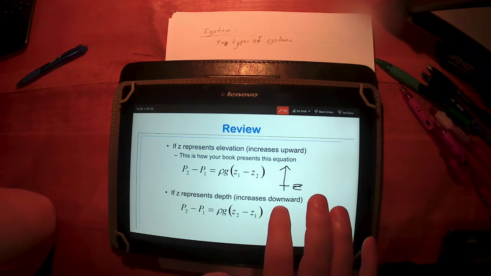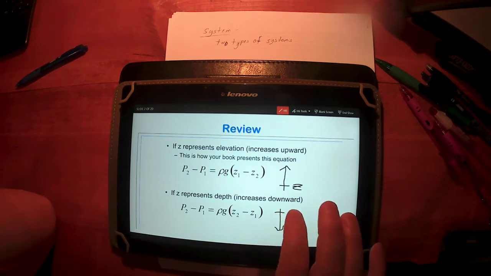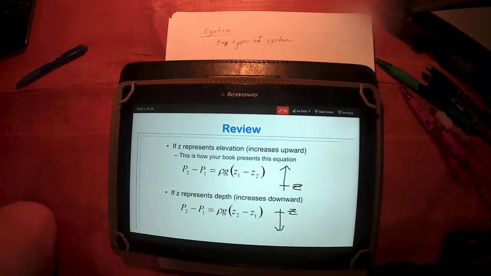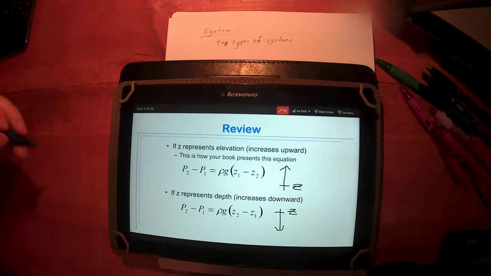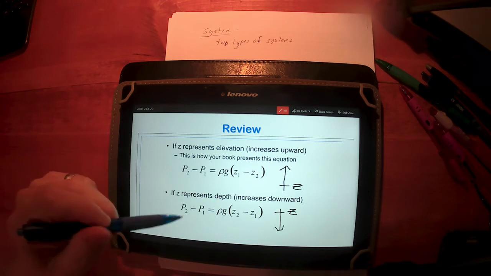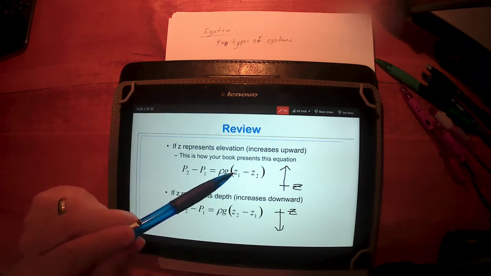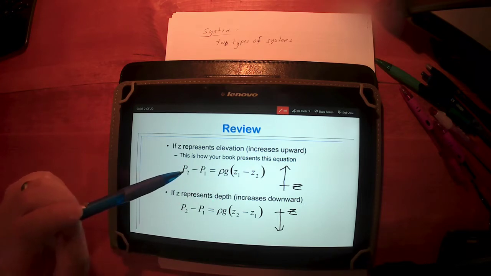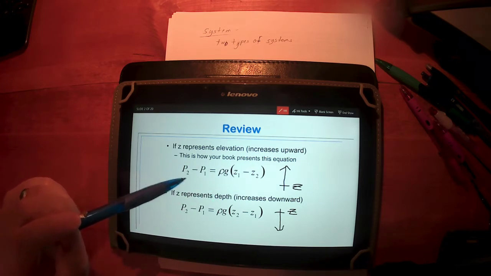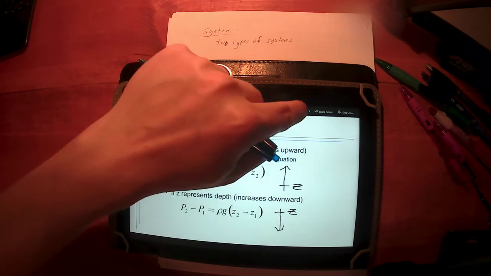Now, a lot of texts will say delta P is equal to rho G delta Z, and that's okay if you're assuming Z is referring to depth. So as you move down in the fluid, as you increase your depth in the fluid, we should experience an increase in pressure. As we move up in the fluid, as we increase our elevation, we should experience a decrease in pressure. So it depends on what you call Z as to which way you write this, but we're still talking about the same idea.